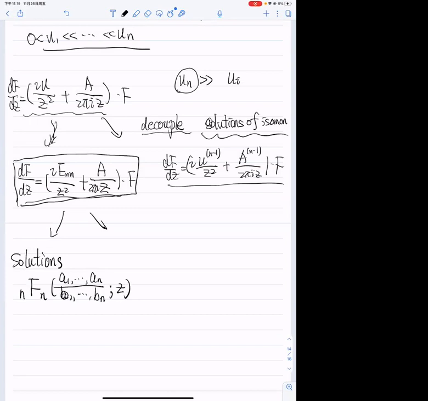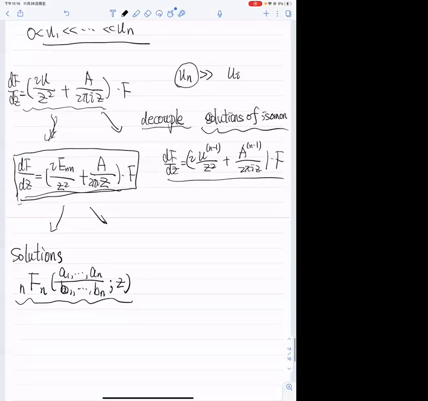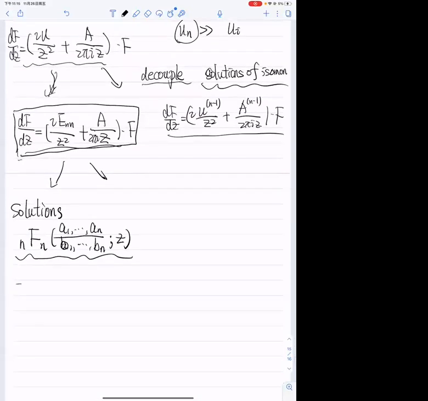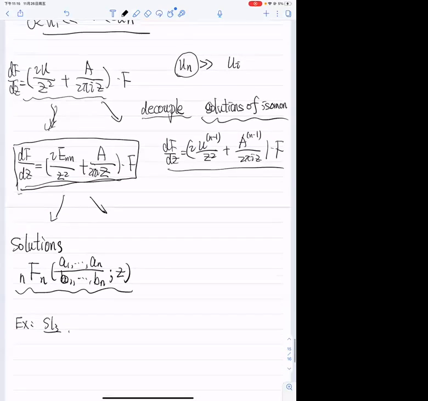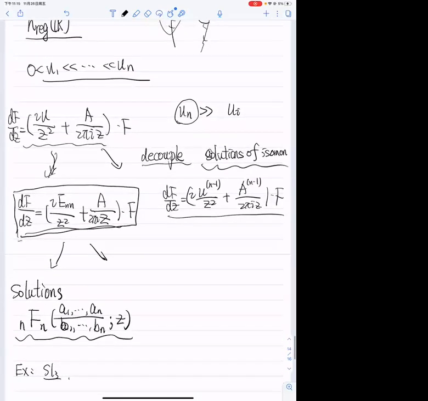Actually, I used the asymptotics of isomonodromy to decouple this system in this limit into a bunch of simpler systems, each of which can be solved by this confluent hypergeometric function. This is one case. Another case is the SU3 case, where you can exactly compute anything using the Painlevé VI. As far as I know, they are more or less Stokes matrices you can compute.